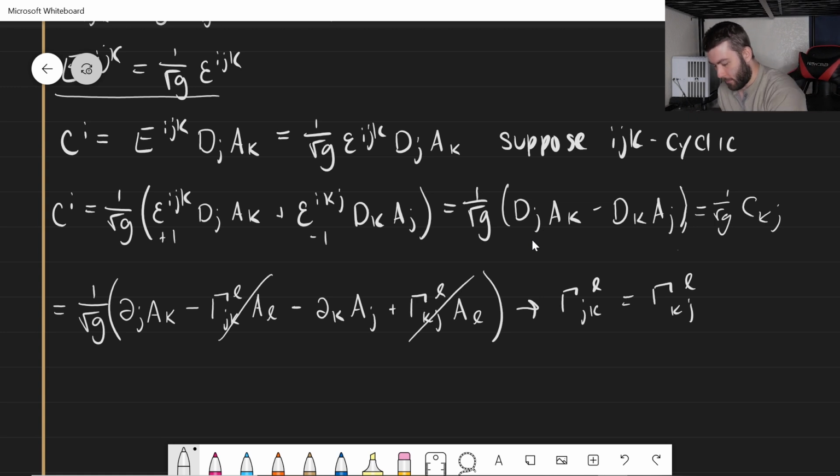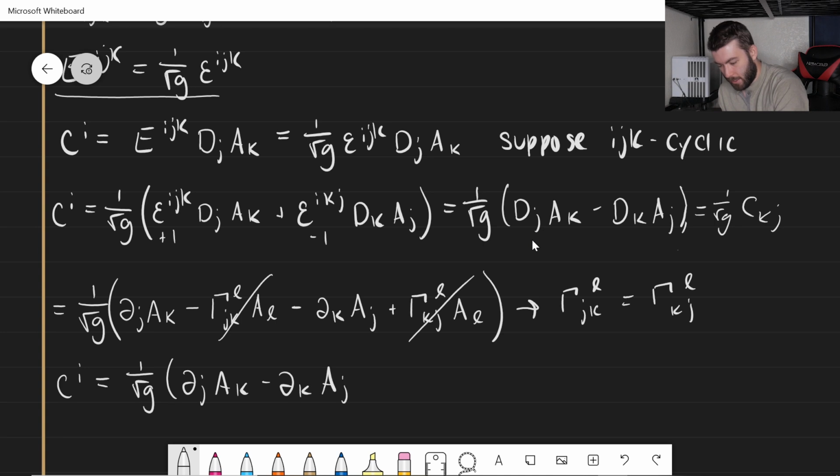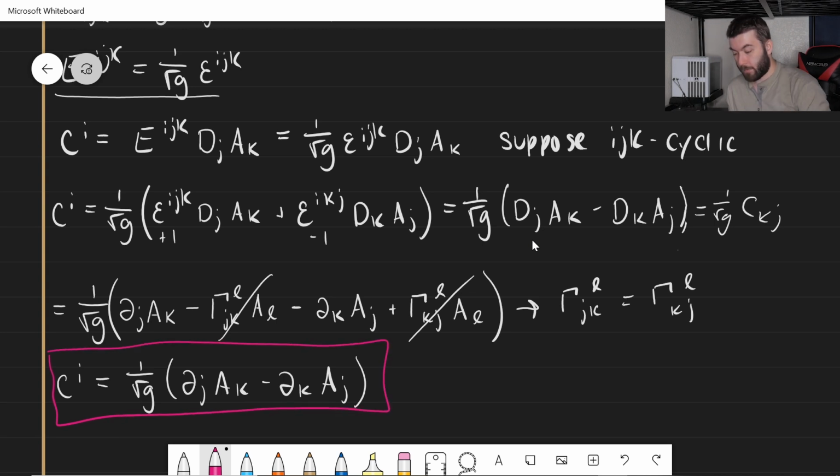And we're left with the ith component of the contravariant curl vector is equal to 1 over root g, dj ak minus dk aj. There we have it. Now this is a contravariant vector regardless of if we relate the covariant a's to the ordinary vectors.